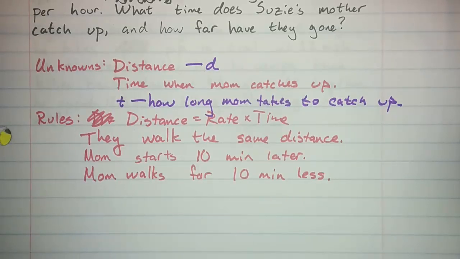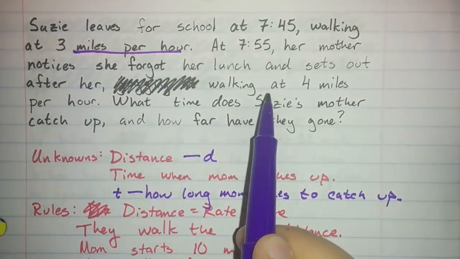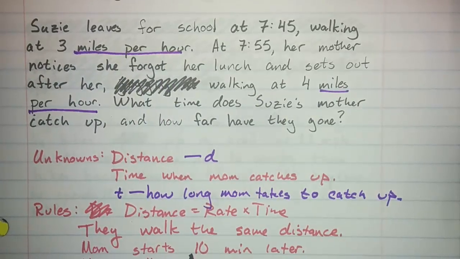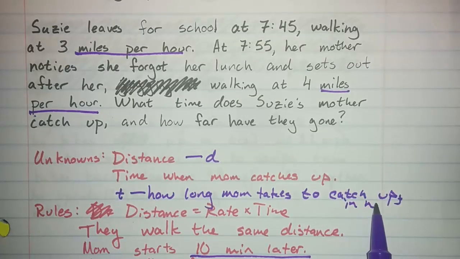There's one more complication here. I noticed that the speeds are given in miles per hour, but this difference in time is a number of minutes. So I also need to decide what units to use. I think converting 10 minutes to hours is going to be easier, so I'm going to say T is in hours.